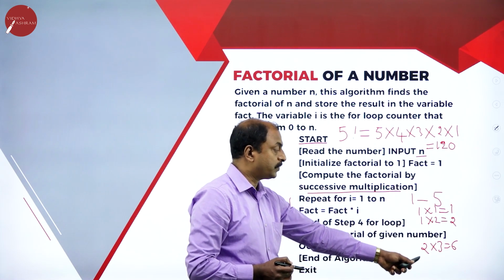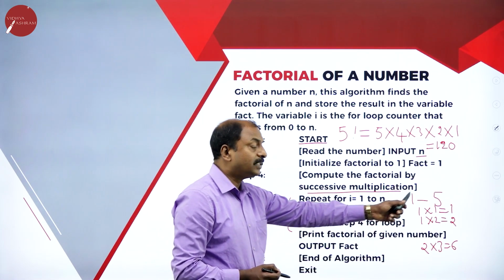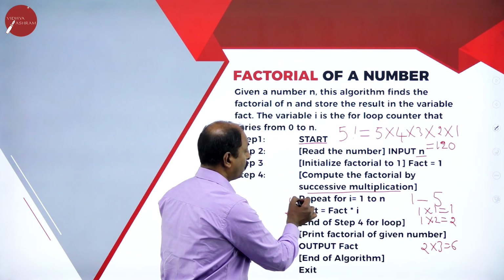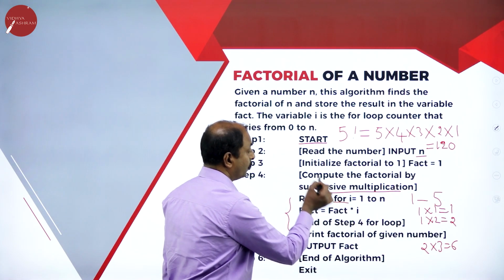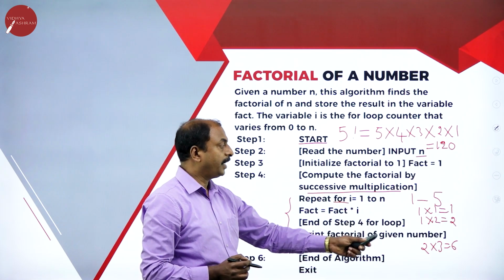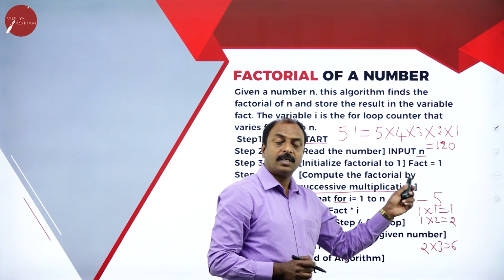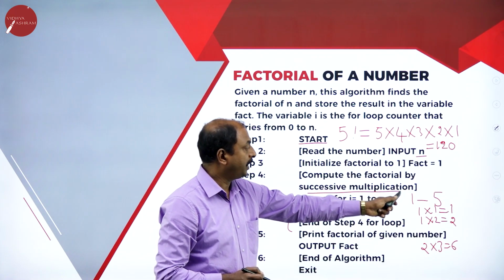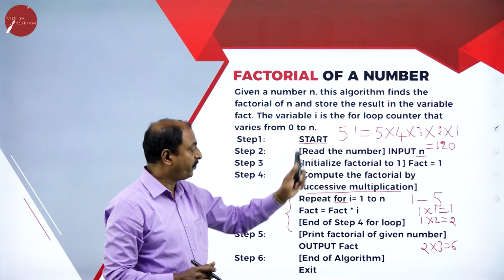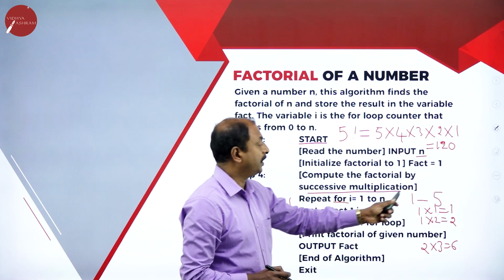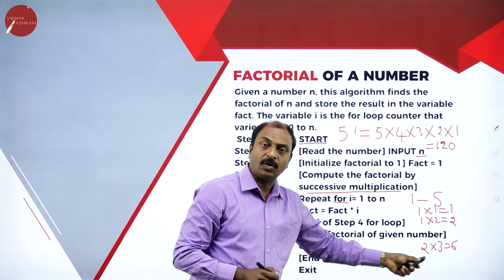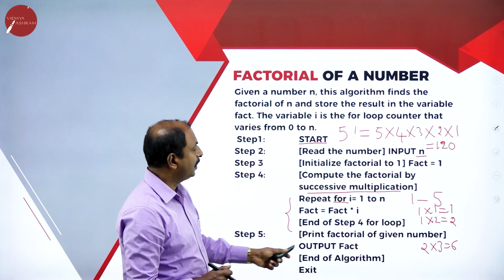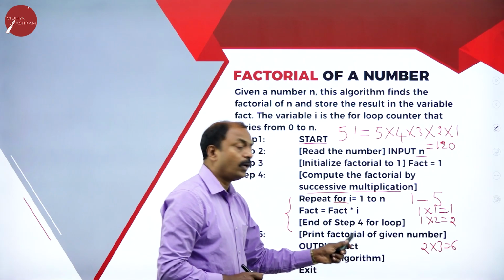So these are the steps to be carried out, and these are executed by using the coding that is called for loop. With the help of this statement, it keeps multiplying the numbers or digits till the given value n, or in this example 5. After successive multiplication of all the digits from 1 up to the given number n, we'll get the factorial of a number.